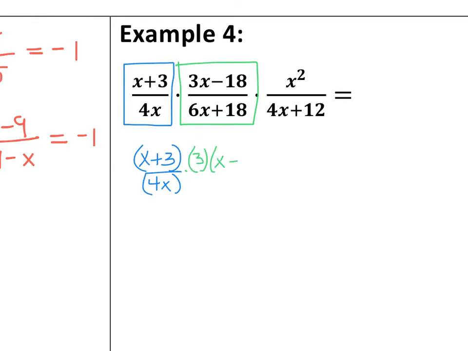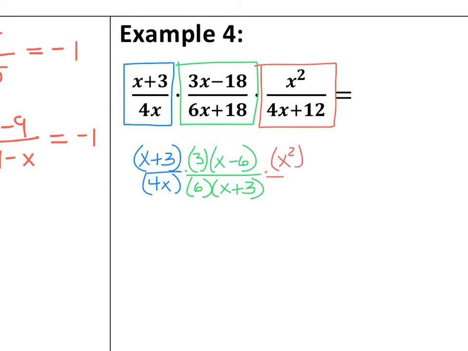So I would have x minus 6 remaining there. And in the denominator, I can factor out a 6. And the last one, I'll put in red. I've got an x squared on top. And in the denominator, I can factor out a 4.